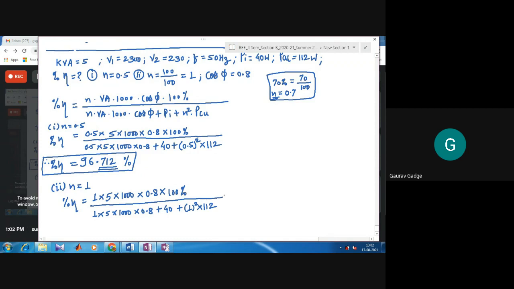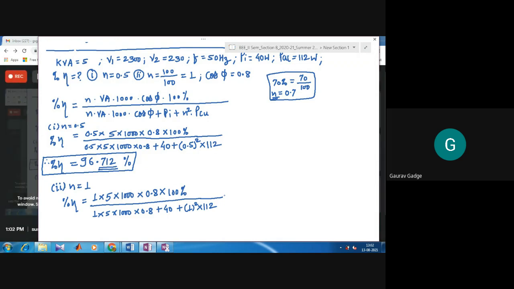So this is 1 multiplied by 5 multiplied by 1000 multiplied by 0.8 multiplied by 100, divided by 1 into 5 into 1000 multiplied by 0.8 plus 40 plus 112.